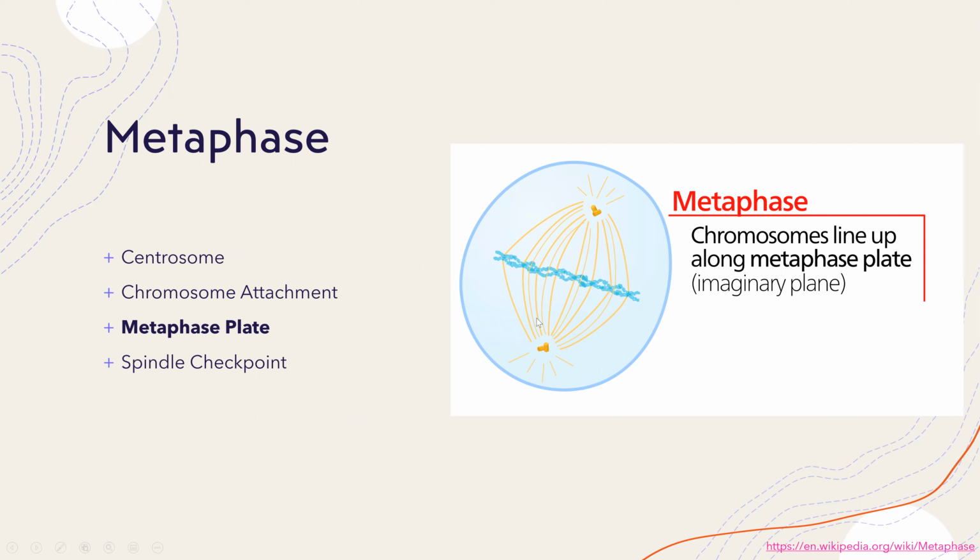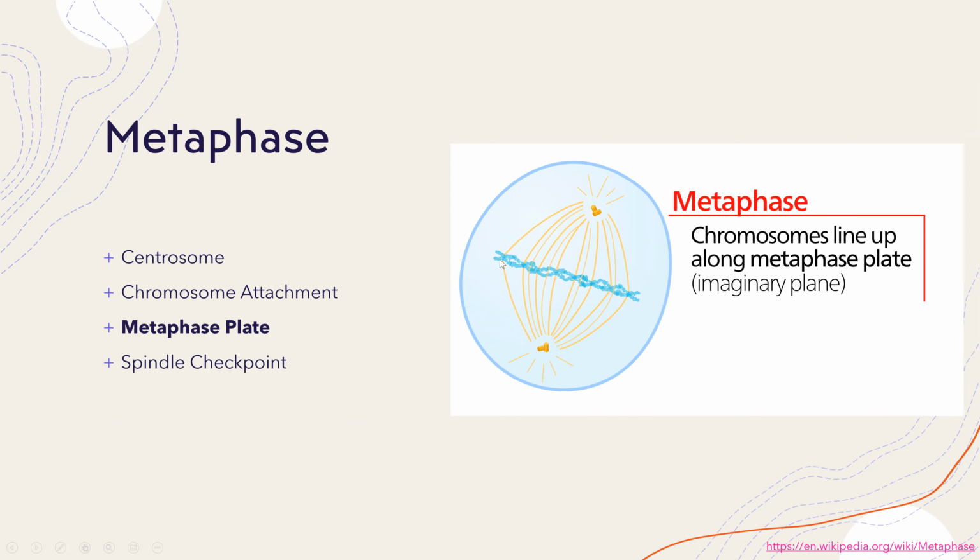So what I want to point out here is the chromosomes are now attached to the kinetochore fibers, and all the chromosomes line up directly along this line called the metaphase plate. This line is basically the center or equator of the cell, and all the chromosomes line up on the line.